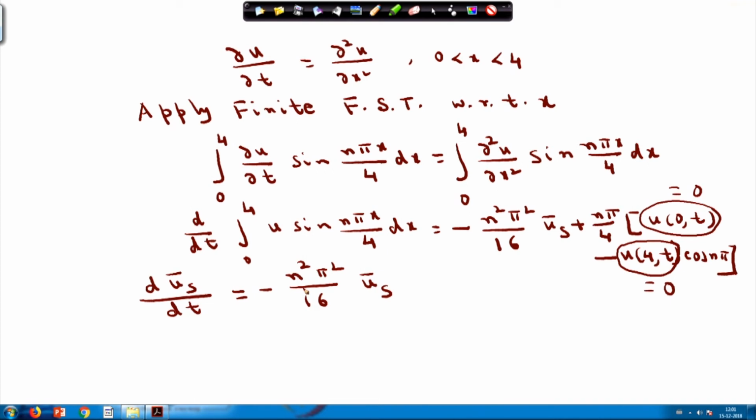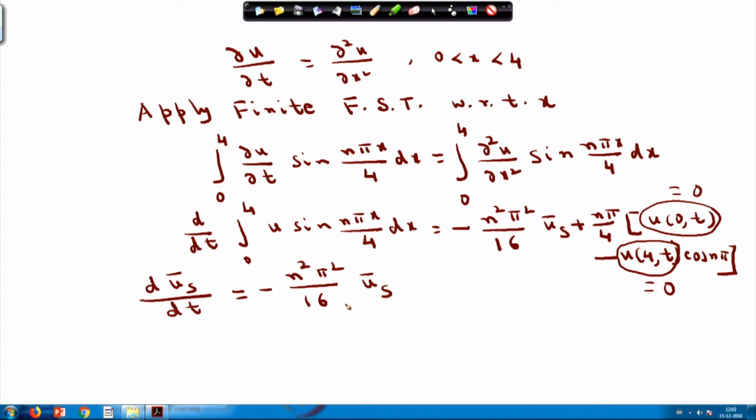I applied the finite Fourier sine transform with respect to x on both sides of the given equation, and I am converting it into an ODE of the form d u bar s dt equals minus n square pi square by 16 into u bar s, and I can find the solution of this. This is a simple ODE.